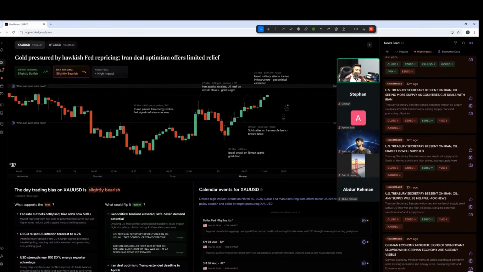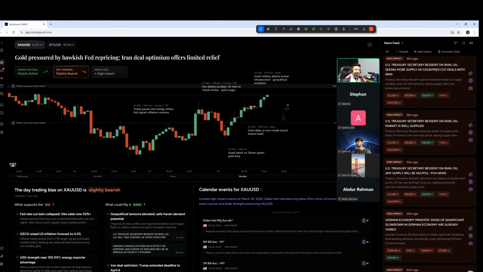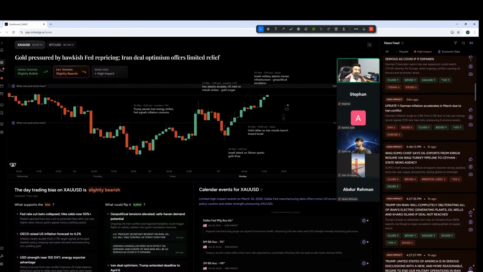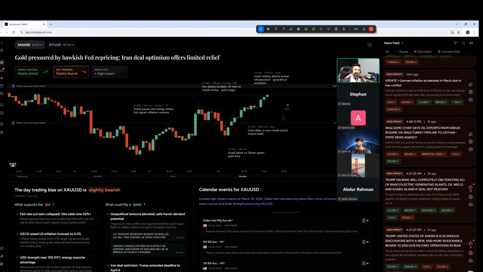Treasury sector, based on our Iran oil market is well supplied. Okay, gold should push into the downside right now. Gold should continuously push downside. I don't think there's any kind of high impact news. Oh, this one. Trump says he will completely obliterate all of Iran's electric generating plants, oil wells, and more if a deal is not reached.